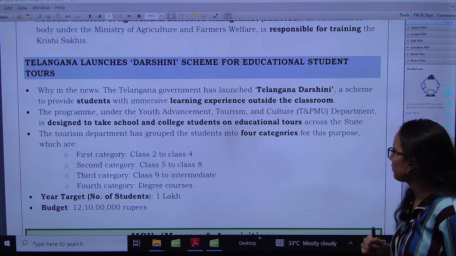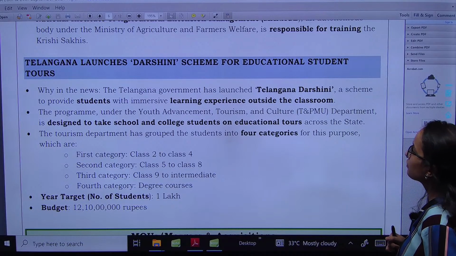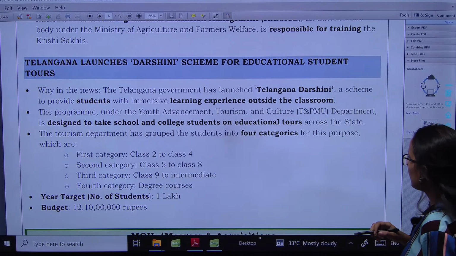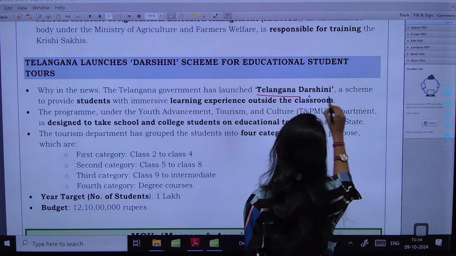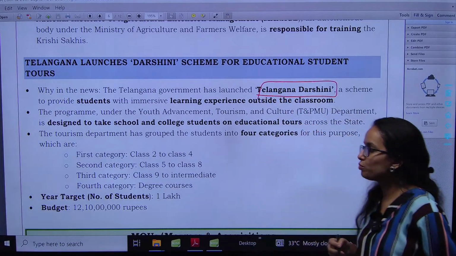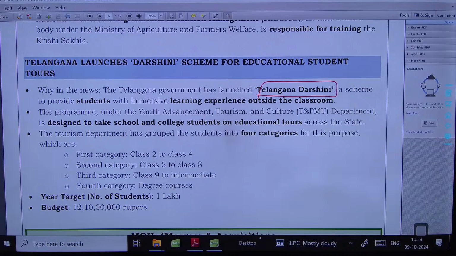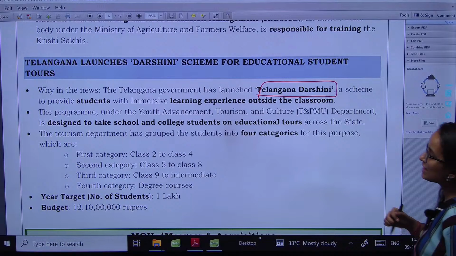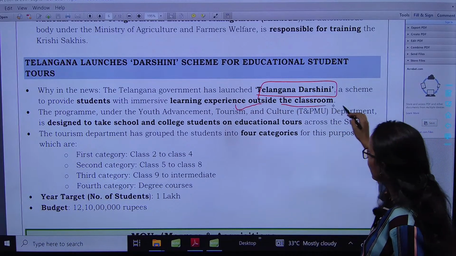Let's see the next set of news. So we have the Telangana government launching Telangana Darshini, a scheme to provide students with an immense learning experience outside the classroom.